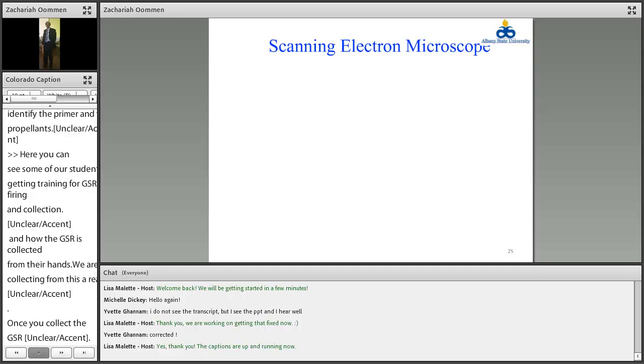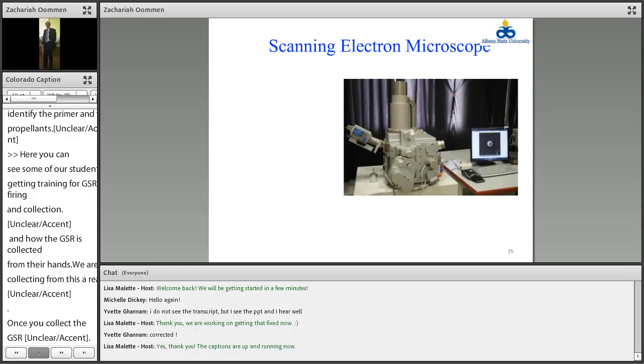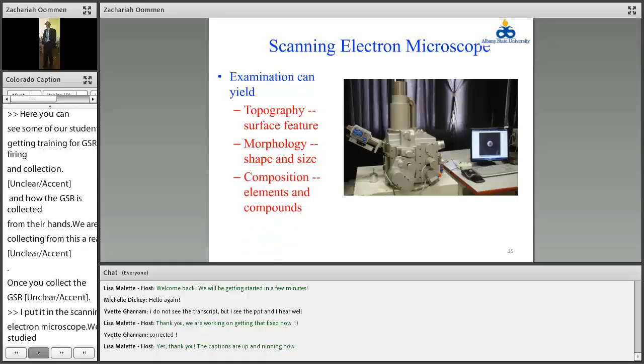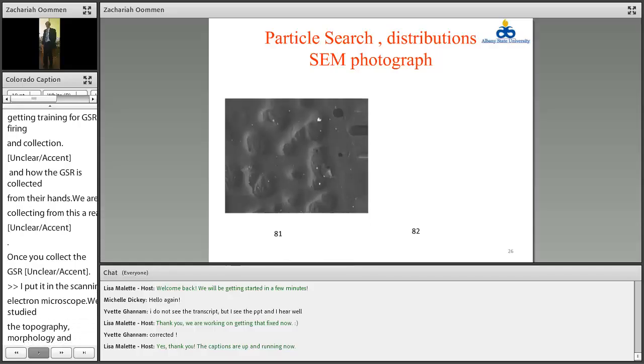Then I put it in the scanning electron microscope. This is the scanning electron microscope we have, and we study the topography, surface features, morphology, size and shape, and also the composition, elements and compounds. When we look for the particles, we are looking for bright particles.